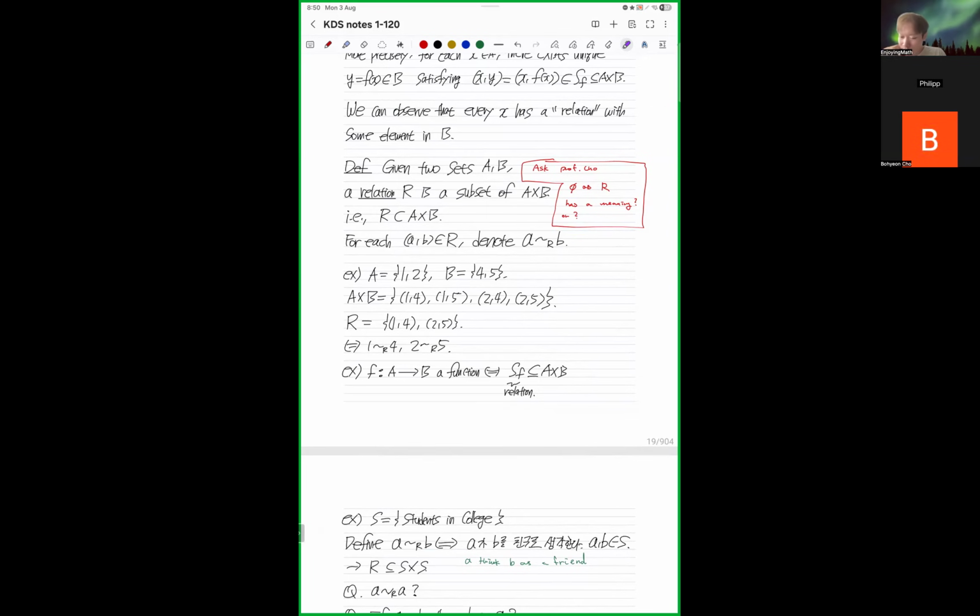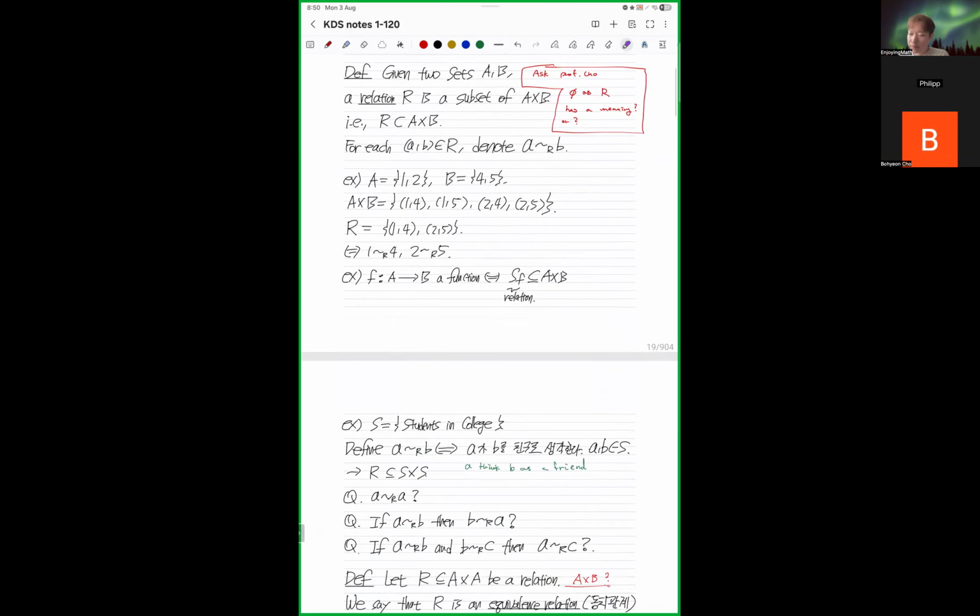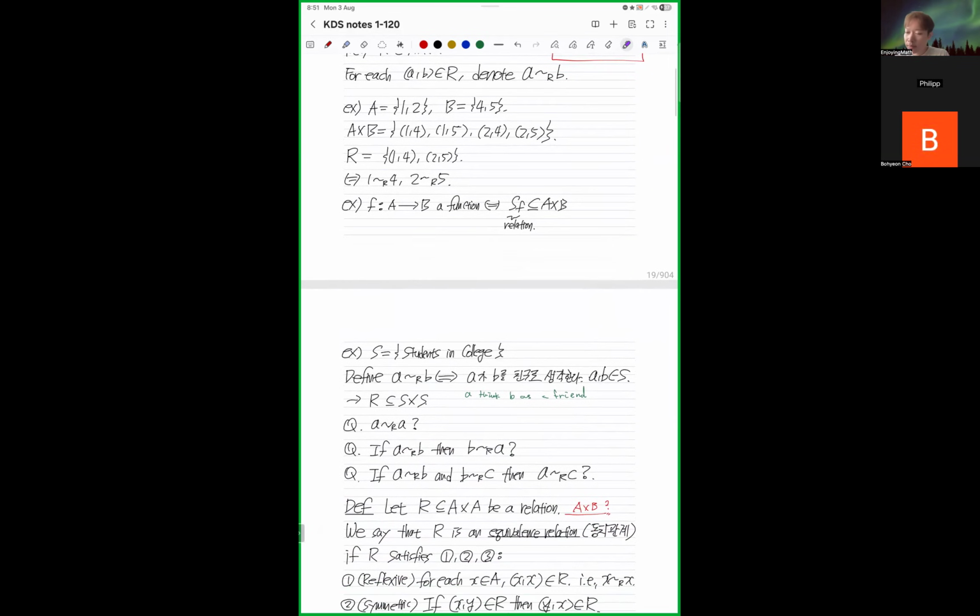The questions I had are mostly about equivalence relations, not relations in general. So once we reach that point, then I'll ask some more questions.